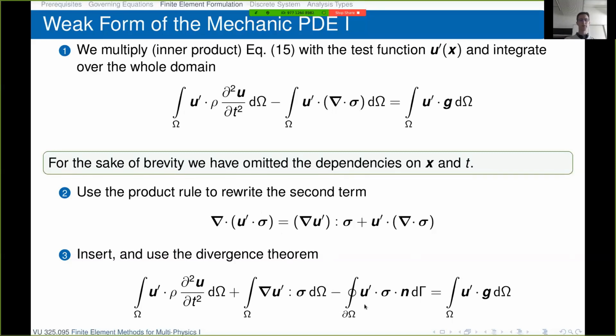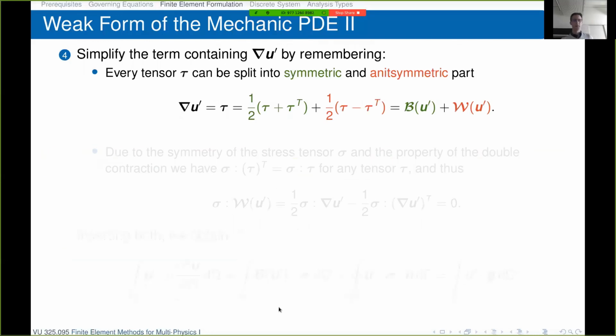So what we have obtained by this is a shift of the differential operator from our unknown. Here we had the divergence and it was shifted to the test function. The next step here is to simplify this gradient u prime term, and this is done in the following way. First, we know that we can split any tensor tau into a symmetric and an antisymmetric part.